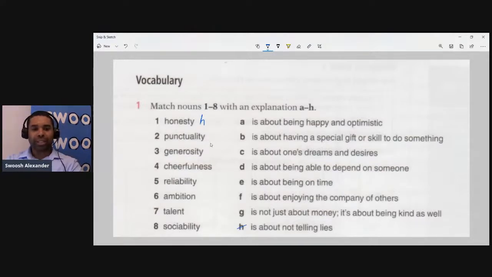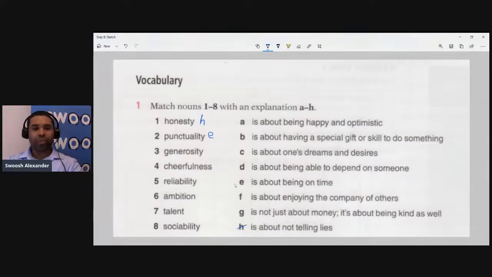Number 2, punctuality. So what does punctuality relate to? Again, it's another quality. Great to see, yeah, Ikemba, Cheryl, H was the answer. Good to see you putting that there. So when we talk about punctuality, it's about being on time.